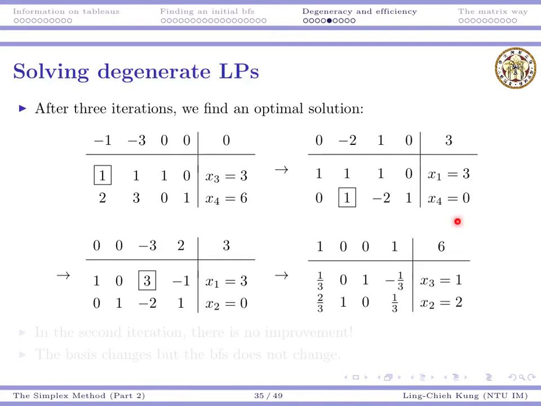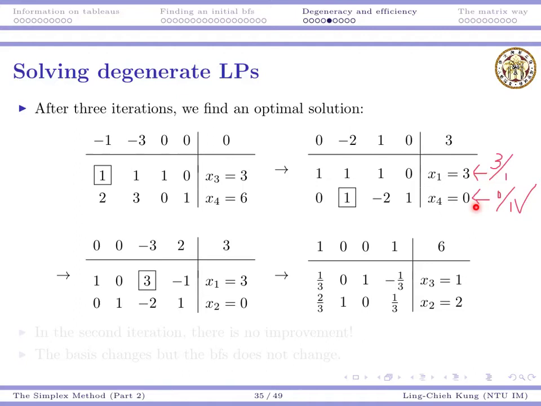For this row, the ratio is 3/1. For this row, the ratio is 0/1. Both are fine, and in this case this particular row has the smallest valid ratio. That's why this number 1 is the pivot, and now x4 should leave the basis.